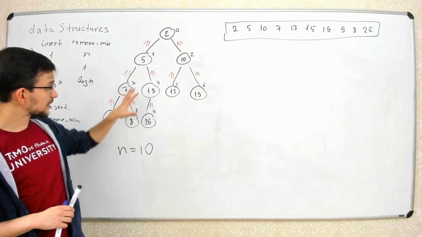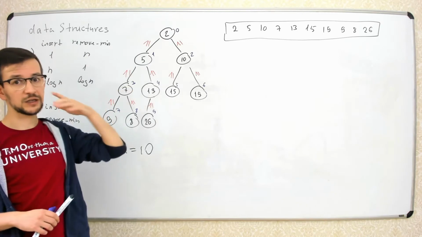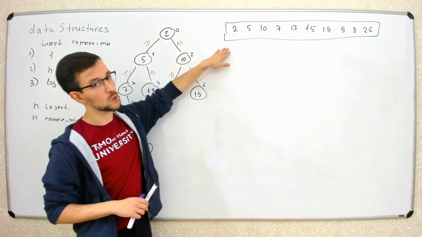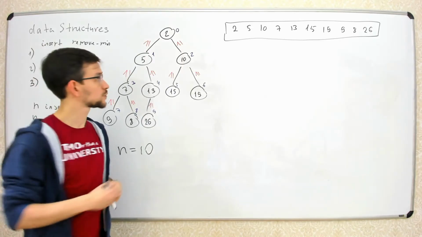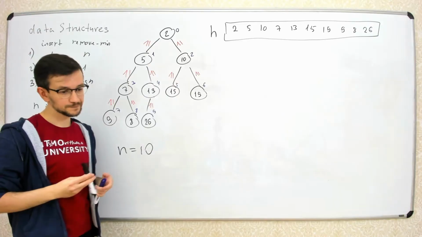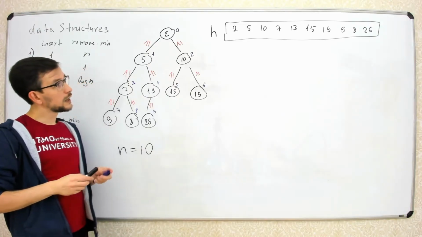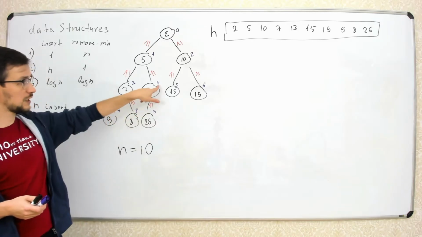Okay. Now to store this tree in the programming language, we'll have this one array. Let's call it array H, from the heap. And to access the element of the tree, we just use its index.